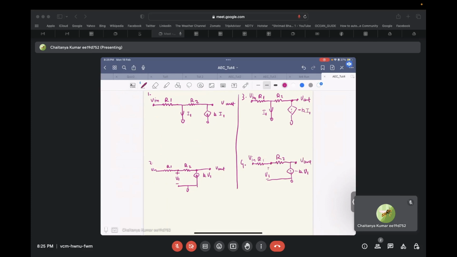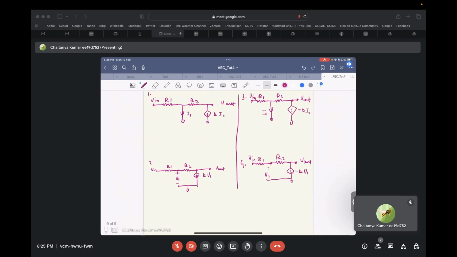So we'll try to find out the gain from input to output in all four circuits, both when the gain of the controlled source is finite, and then we will see what happens if the gain of the controlled source becomes infinite.